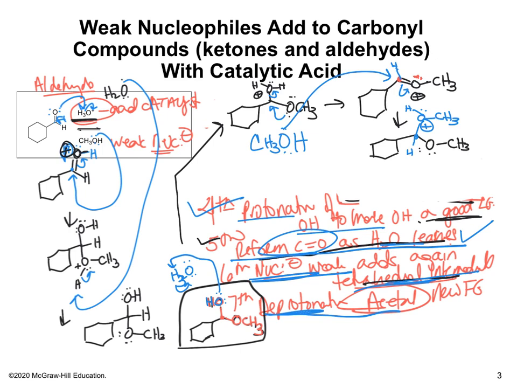So we have the water that will deprotonate this to give it a neutral compound. And so there's your OCH3, and then you have OCH3. And this is your acetal.